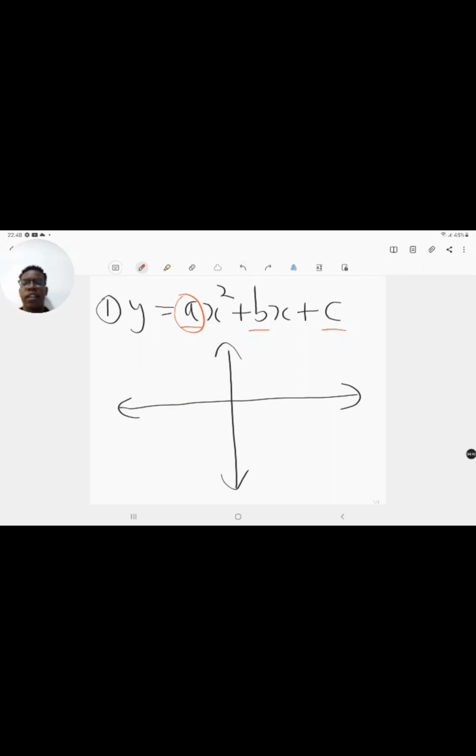The sign of a tells us if we will have a smiley face or a sad face, an upright smile or an upside down smile. So if a is less than 0, in other words, if a is negative, then our graph will be sad.